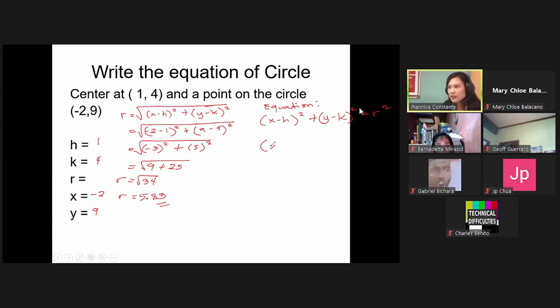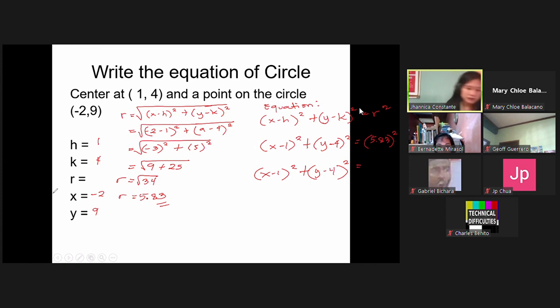So (x minus h), which is +1 squared, plus (y minus k), which is +4 squared, equals the radius, which is 5.83 squared.